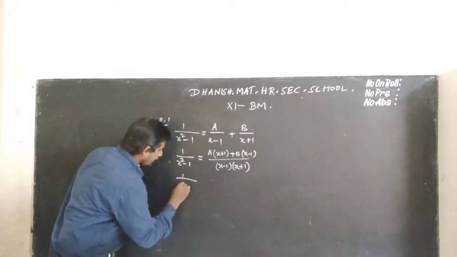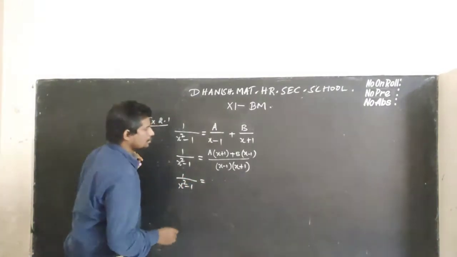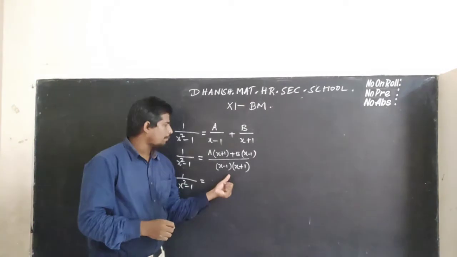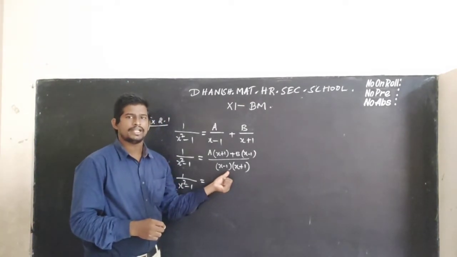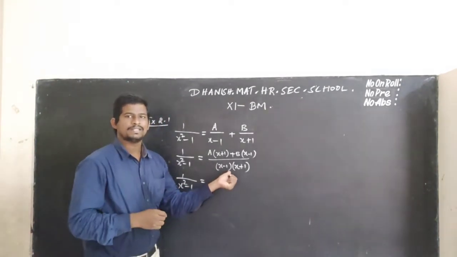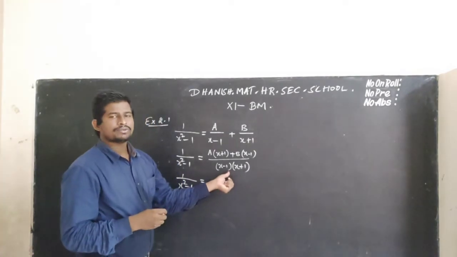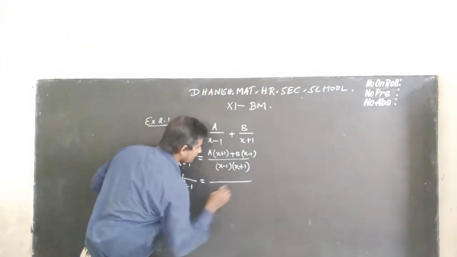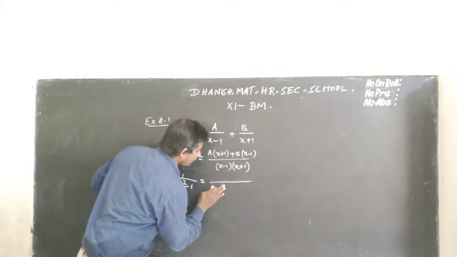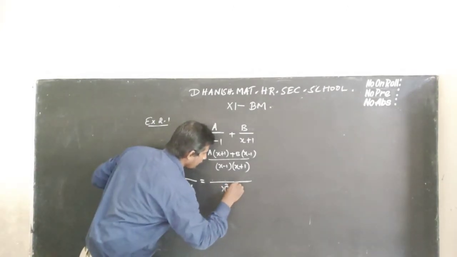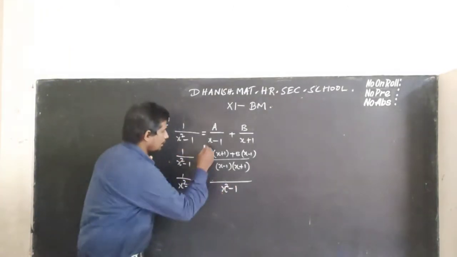Now 1 by x square minus 1 equals, look at the denominator, this is in the form of a plus b into a minus b. So we can apply the formula a plus b into a minus b equals a square minus b square. By applying that formula, the denominator will become x square minus 1. Look at the numerator.